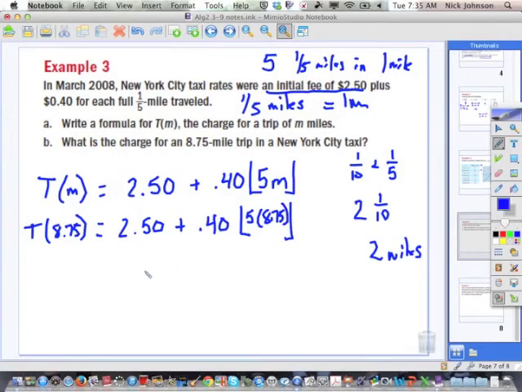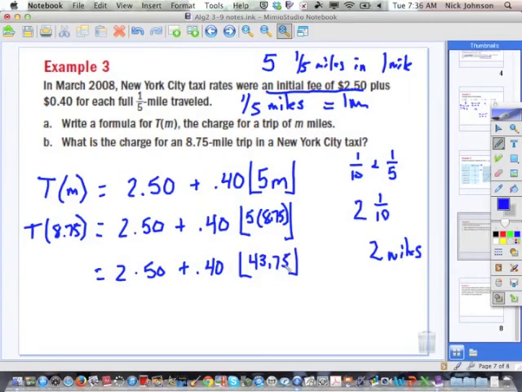When you take 5 times 8.75 on your calculator, it is 43.75. Now notice, these two things side by side still means multiplication.